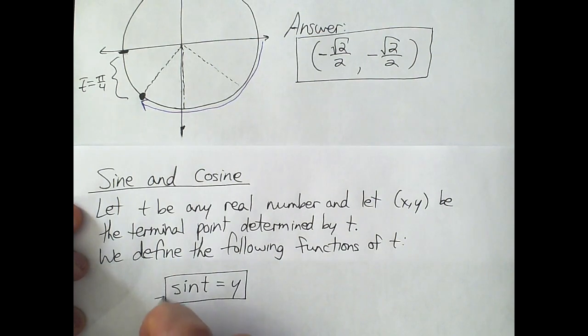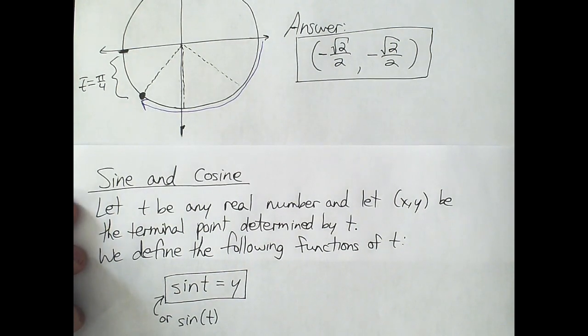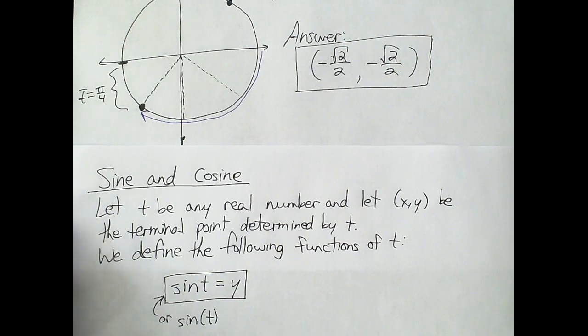So sometimes it's written as sine parentheses t. It could be written either way. It's kind of like in math when you talk about logarithms and the parentheses are optional. Like if I said ln 5, or I could do ln parentheses 5. That's what's happening here.